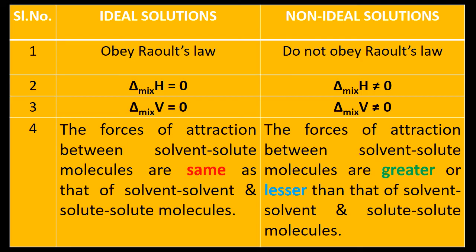Delta V mix is not equal to 0 in case of non-ideal solutions. In case of ideal solutions, the forces of attraction between solvent-solute molecules are the same as that of the solvent-solvent and solute-solute molecules. But in case of non-ideal solutions, the forces of attraction between solvent-solute molecules are greater or lesser than that of the solvent-solvent and solute-solute molecules.